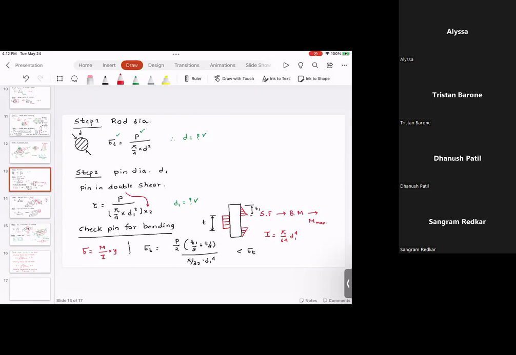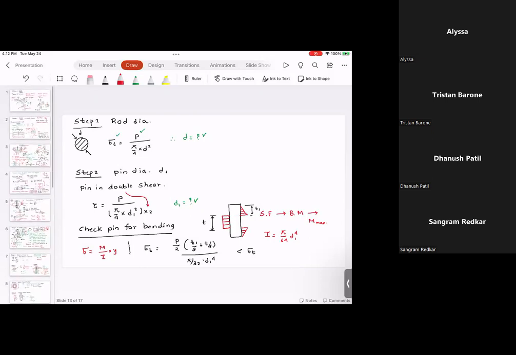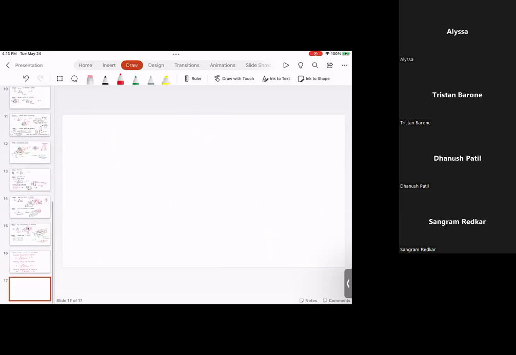Okay, with that, in today's lesson, we covered the basic material, we covered the design of cotter joint, and we covered the design of knuckle joint. Now, at this point, I believe we have covered enough material for homework 1, homework 2, and quiz 1.